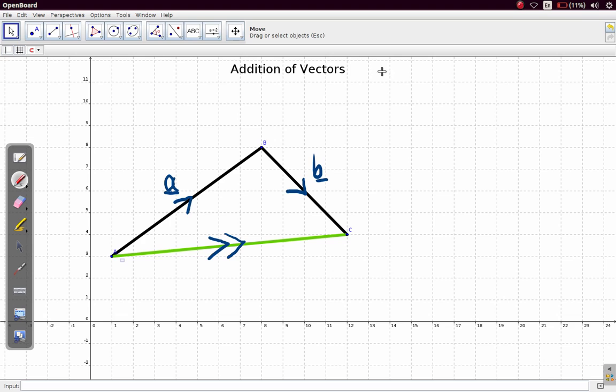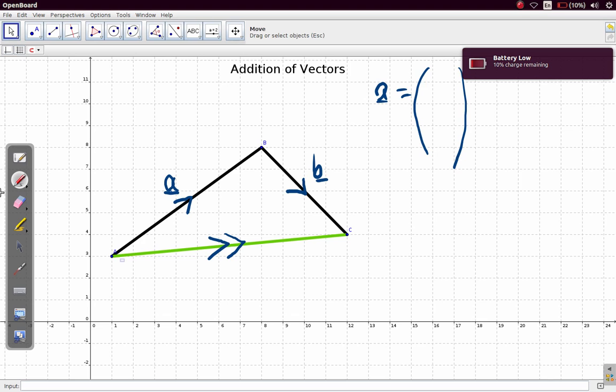Now let's use matrices to add these. Vector A: we want the horizontal and vertical components of A. To get A, we would have to move 1, 2, 3, 4, 5, 6, 7 to the right, and 1, 2, 3, 4, 5 up.